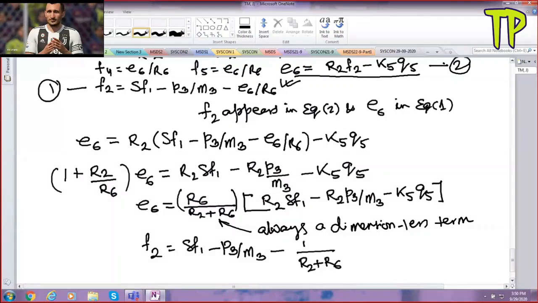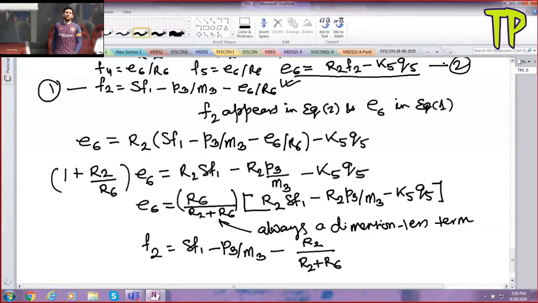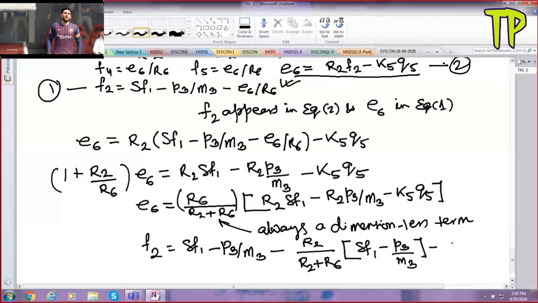So I will write here R2, 1 minus P3 by M3 done, and then 1 by R6 was done, so this will be K5 by R2 plus R6.